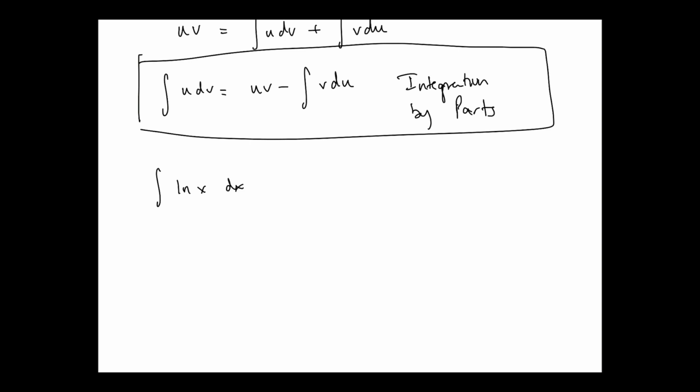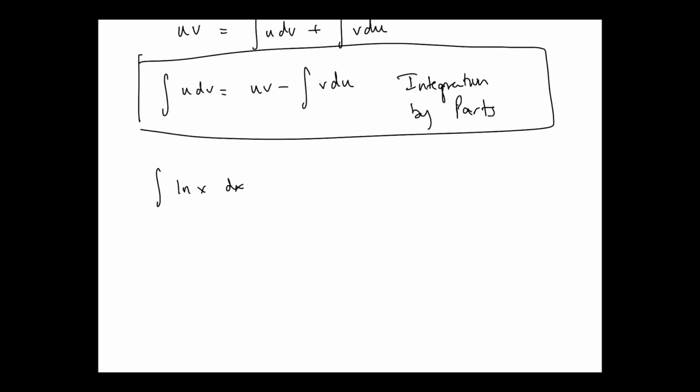So in this case, what I want to do is call part of the integral dv and the rest of it u. Now, when I say dv, I mean a differential. In this case, everything is a function of x, right? So dx, or d whatever, dt, dx is always going to be part of dv. There might be other stuff there too, but it'll always be part of dv, okay?